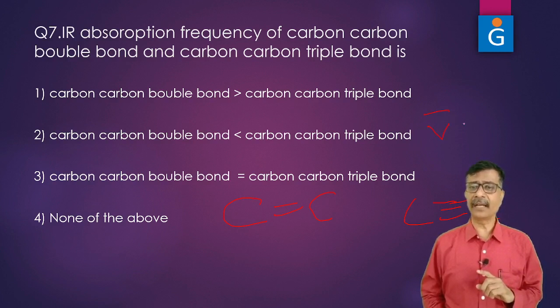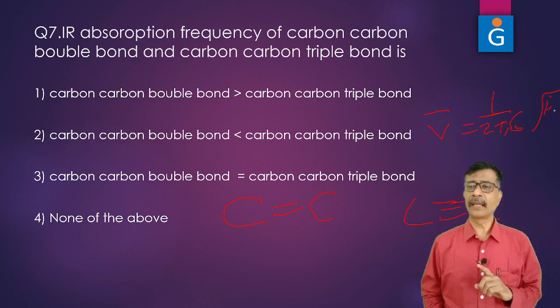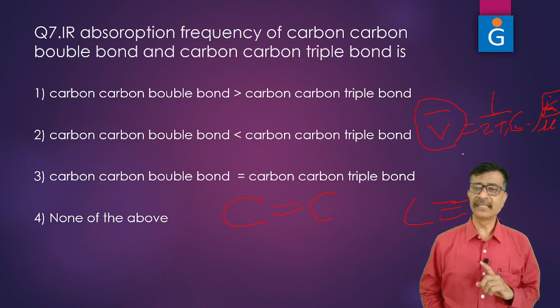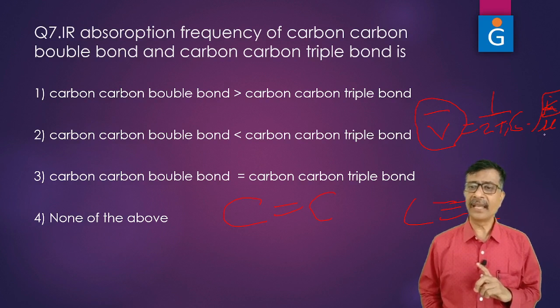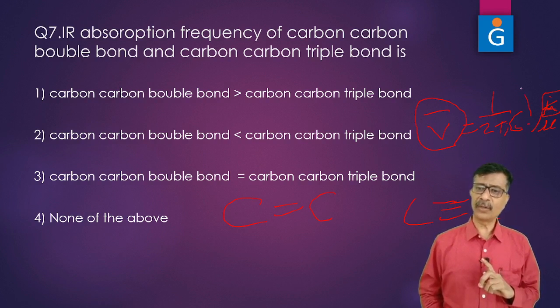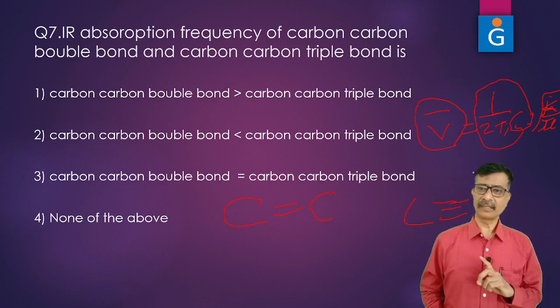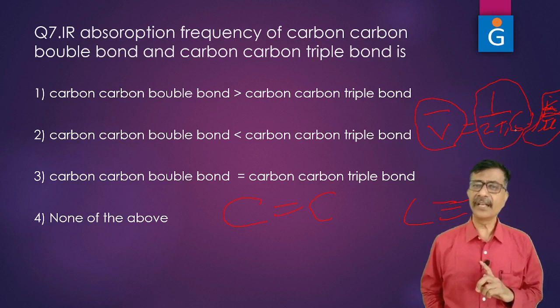That is V bar is equal to 1 upon 2 pi C under root K by mu. So this natural vibrational frequency is given by this equation, where this 1 upon 2 pi C is constant, K is force constant and mu is a reduced mass.